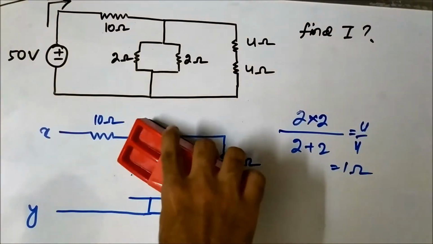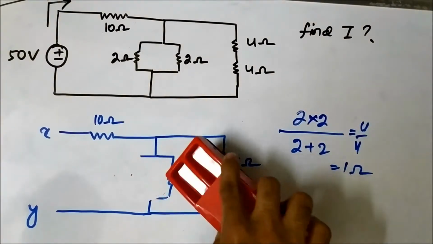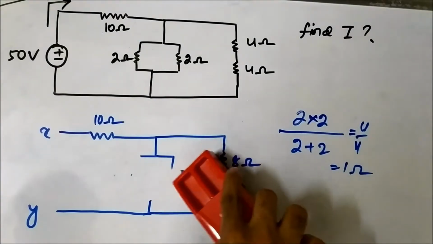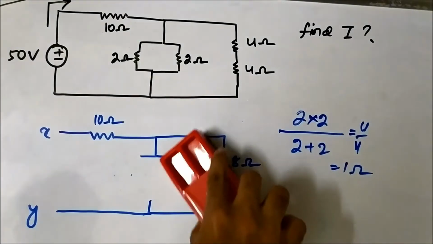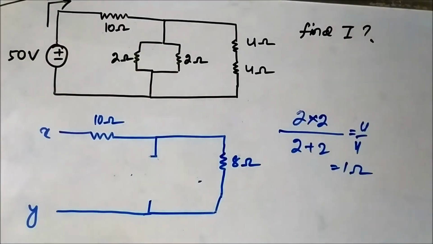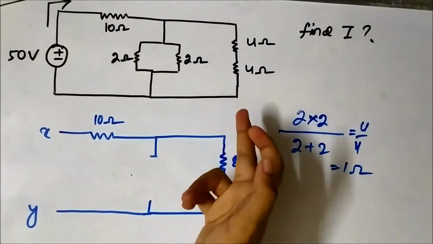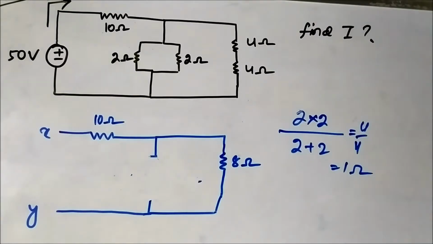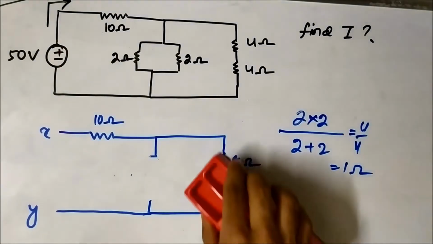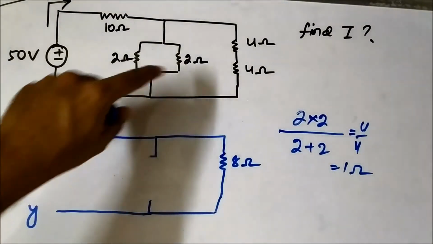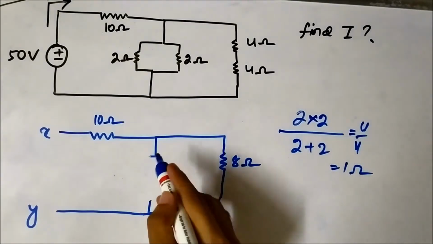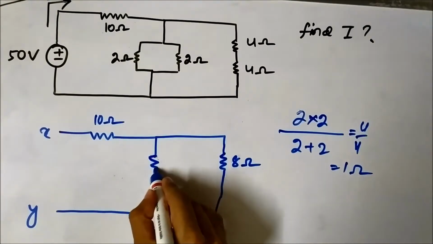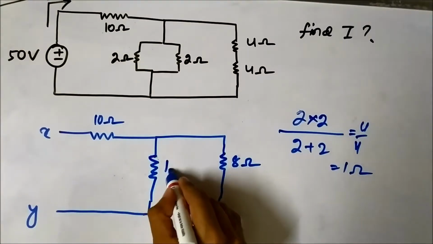Here also we are moving from right to left. So we can replace the 2 ohm and 2 ohm combination with a 1 ohm resistance.